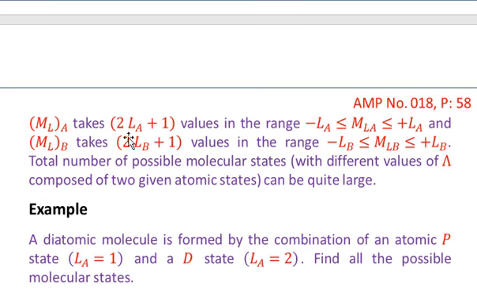Since there are 2LA plus 1 allowed values of projections for MLA, and 2LB plus 1 allowed values of MLB corresponding to the angular momentum LB, and since capital lambda is the sum of those projections, capital lambda can have many possible values, and the number of values could be quite large.